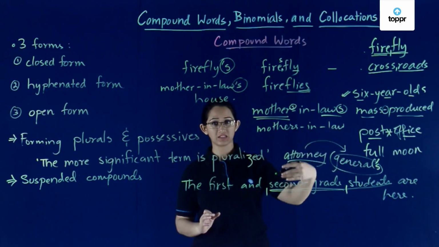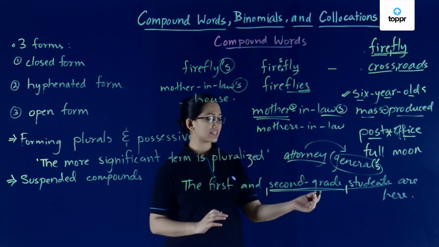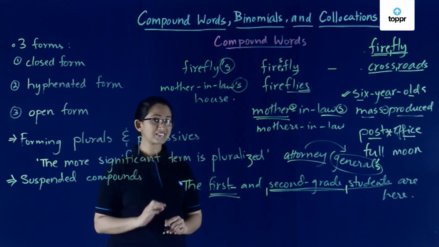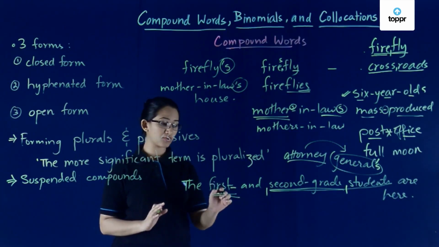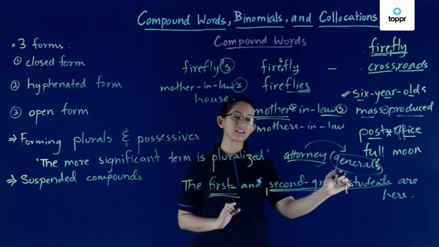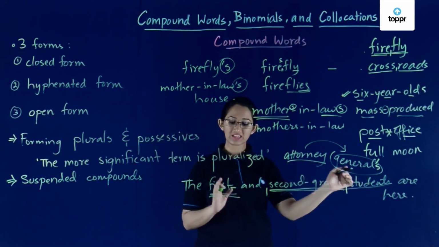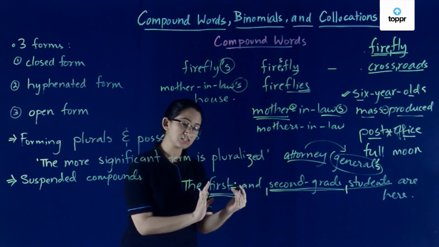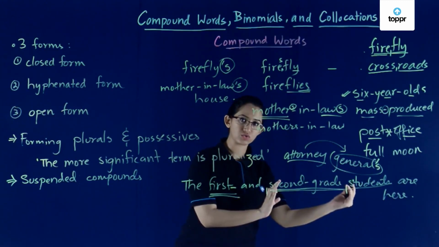It's describing something about the noun, so it is an adjective. Second grade. What about this word here? It's implied from the sentence that first is also referring to first grade students, right? So these are actually the two compound words that I have: first grade students and second grade students.